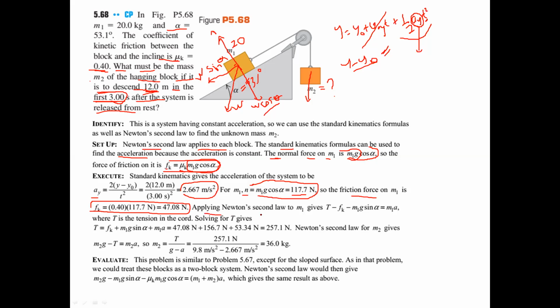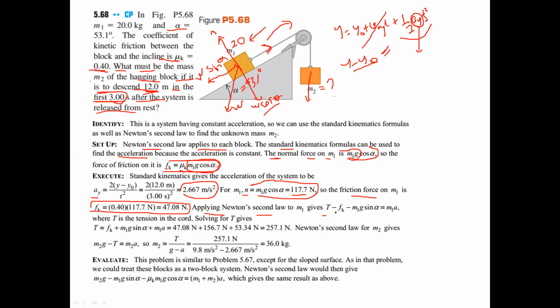Now, applying Newton's second law to m1, as I showed here, with the kinetic friction coefficient and the tension, right? The mass m1 is moving in this way, so friction must be along this way, right?